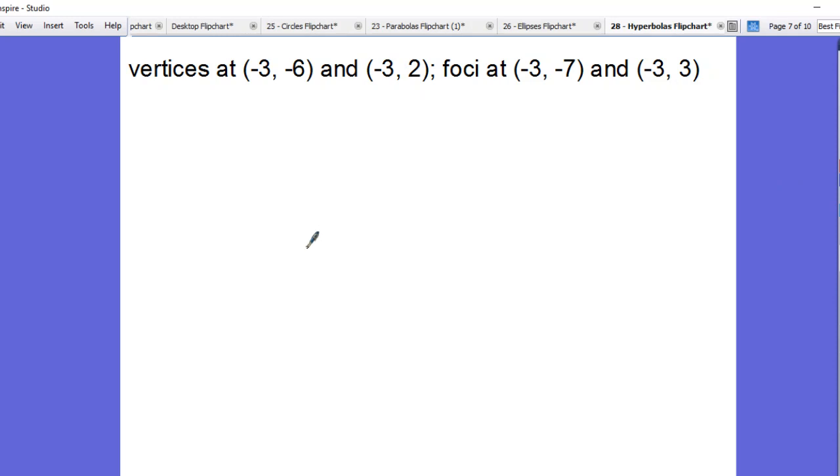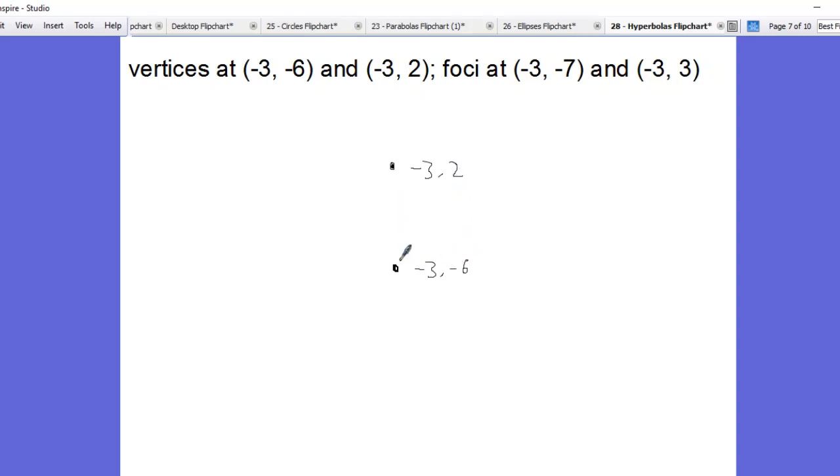All right, vertices at -3, -6, and -3, 2. Foci at -3, -7 and -3, 3. So let's look at right here. We are moving vertically. So we have a vertex at -3, -6, and a vertex at -3, 2. This is a length of 8, from -6 to 2.